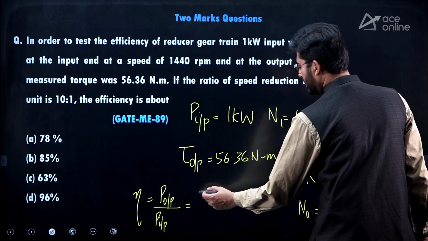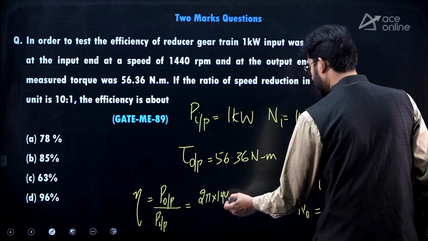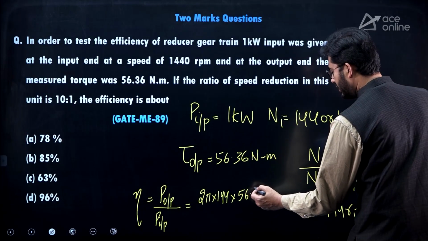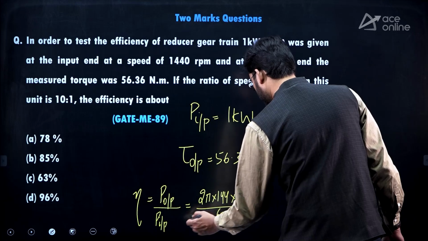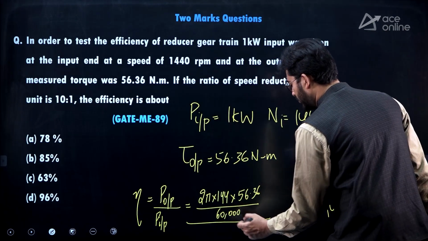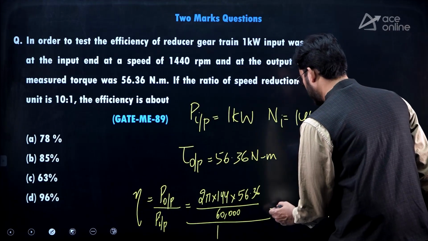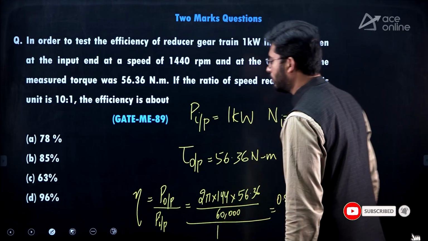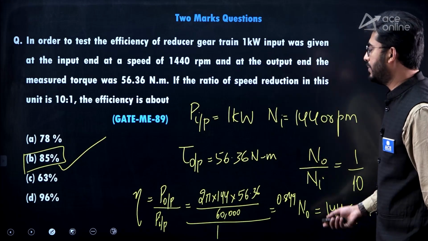So that is 2 pi into N, N is 144 RPM and output torque is 56.36, whole divided by 60,000, so that this will be expressed in kilowatts, and input power will be 1 kilowatt. So this comes out to be approximately 0.849, which is 84.9, that is 85% is the efficiency. So option B is the answer.